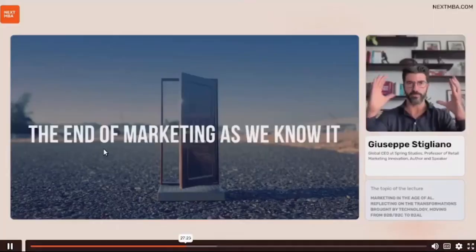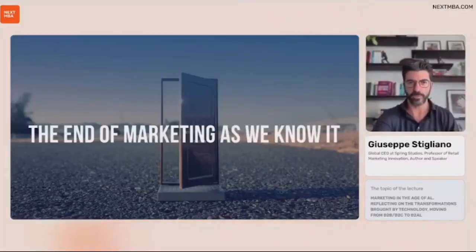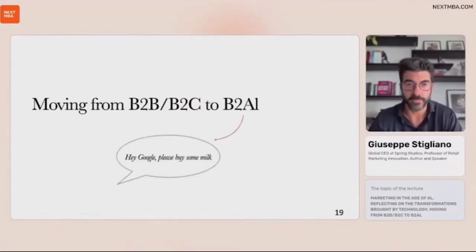All right. B2C means selling to the final customer. Now, what if that final customer, in such a crowded and saturated market, instead of going to the market, places an order online? The customer can say, hey, Google, please buy some milk.